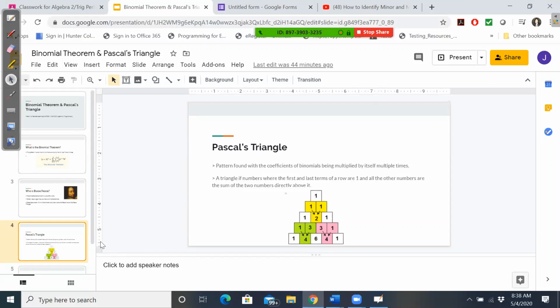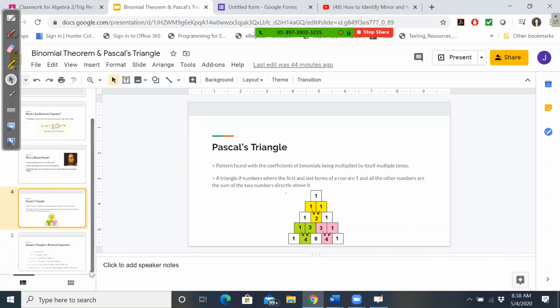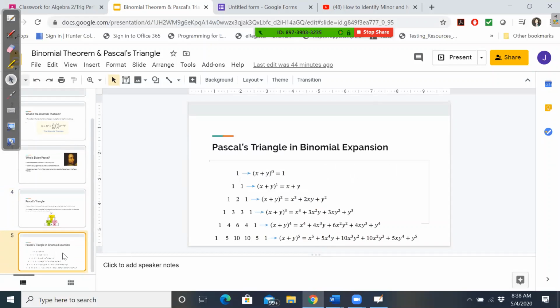if we're going to combine this Pascal's triangle with our binomial theorem, or binomial expansion, it'll follow this pattern right over here. So if we look closely, we notice that over here the coefficients match the coefficients that we find in our end result, our end polynomial, when they get multiplied to each other.